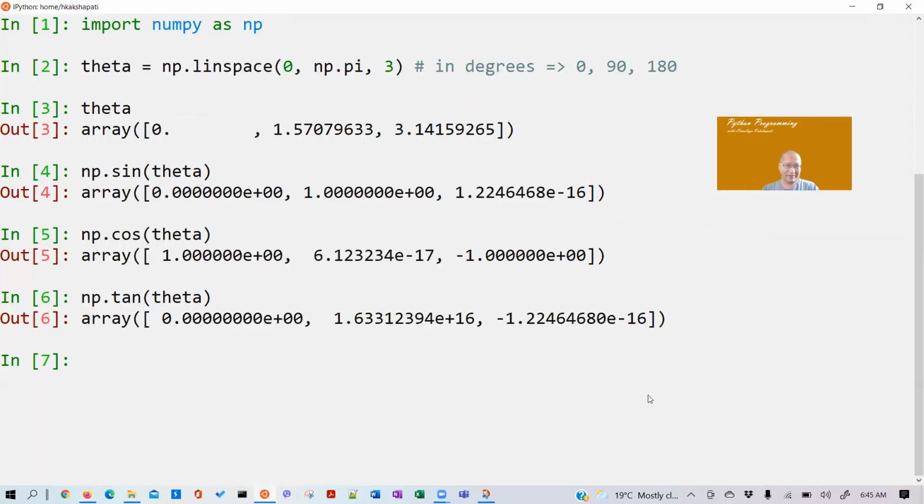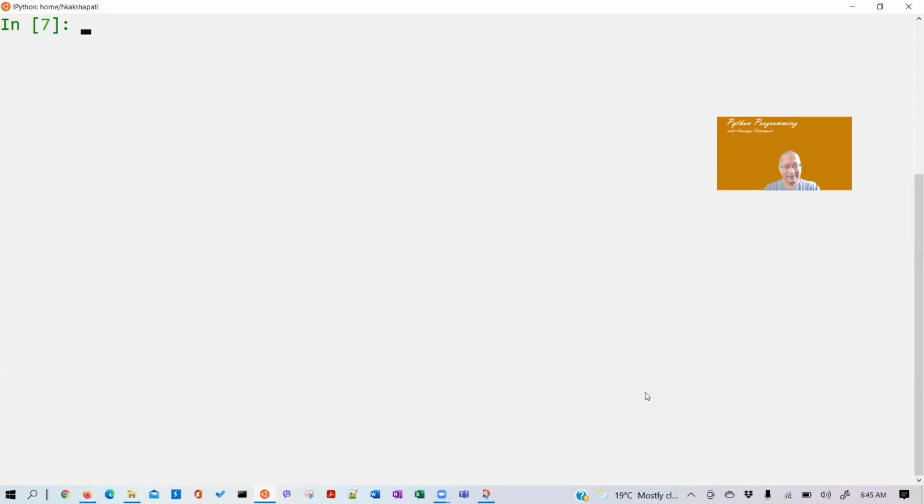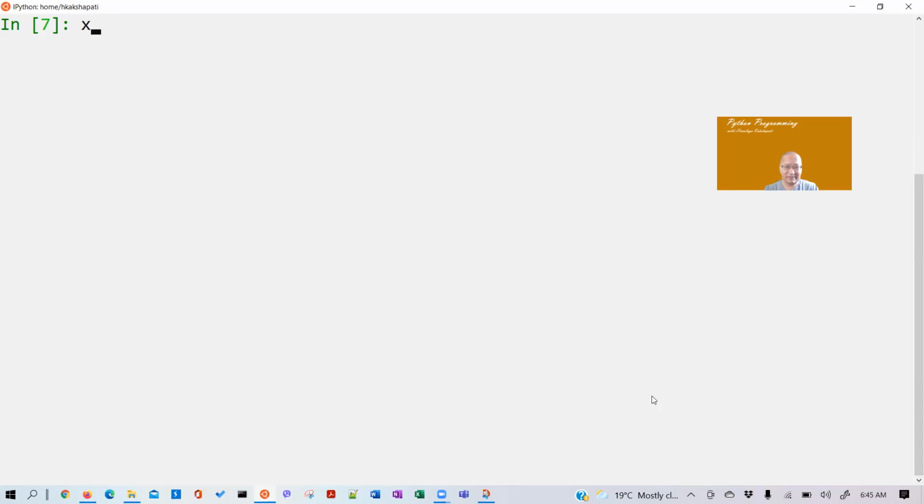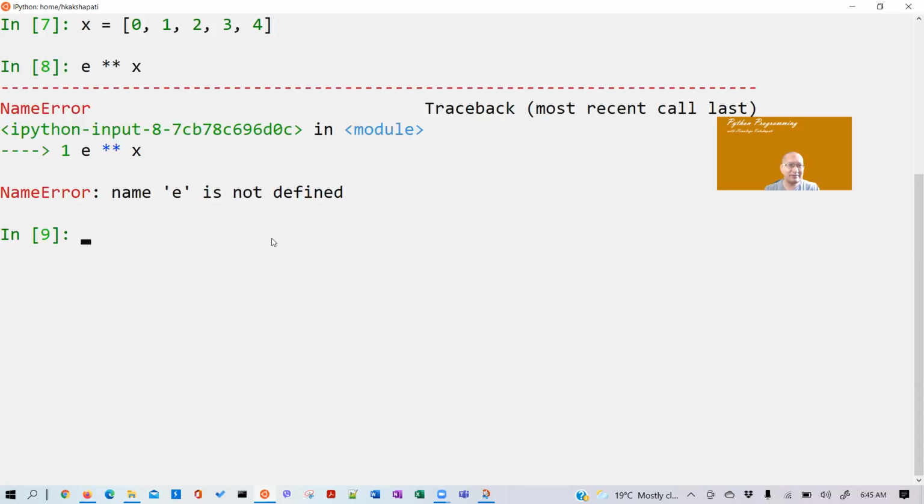Likewise, you can do exponentials and logarithms. So very simply, exponentials, e to the power x.